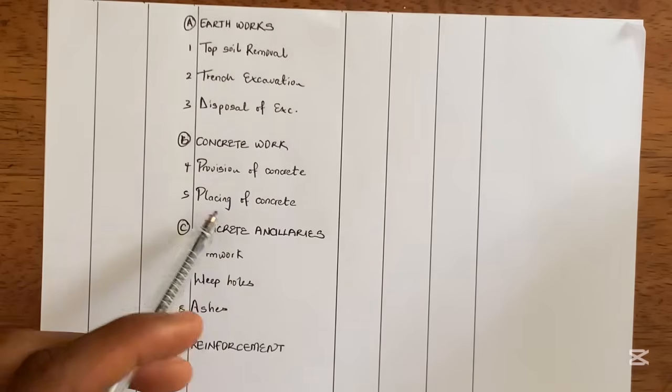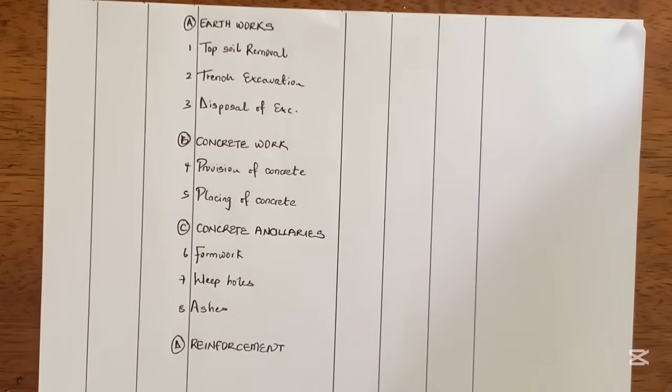Now the next is placing of concrete. Like I said before, construction is a very intricate process. Because these are mass structures, you don't expect them to be completed in one day, right? So the concrete that you're going to be bringing to the site will be brought in such a way that the concrete for the retaining wall will be completed in stages.